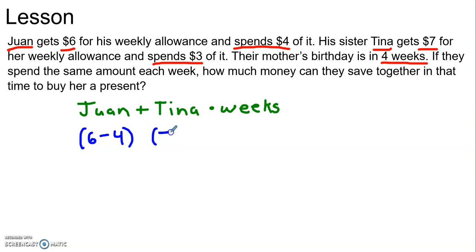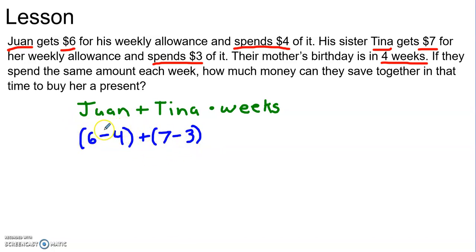So to figure out how much she saves, I have to do 7 minus 3. And notice I put that in parentheses, because I need to know what each can save each week, so I have to do those together. But then before I know how much to calculate, I need to know the total savings. So I've got to solve this section first before I can do anything else.